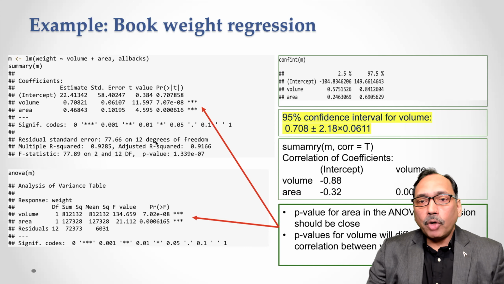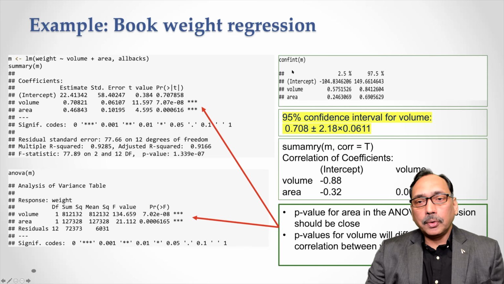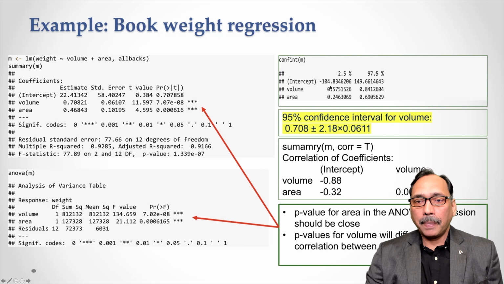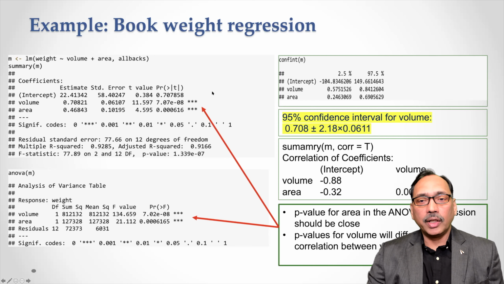When we have model M, as we have seen earlier also, you can very easily get confidence intervals for the coefficients, intercept, volume, or area, by simply doing confint, so confidence interval, and that will give you confidence intervals for beta 0, beta 1, and beta 2.